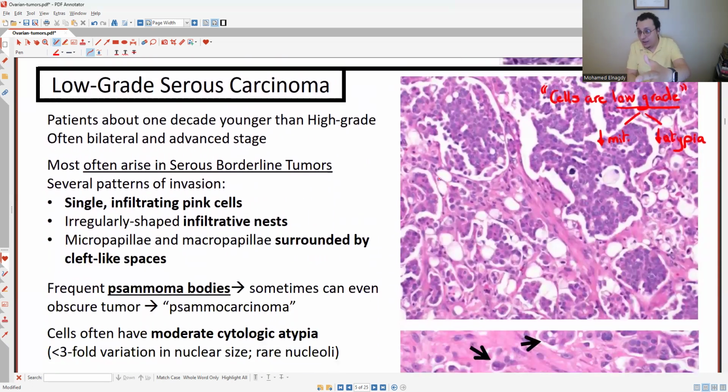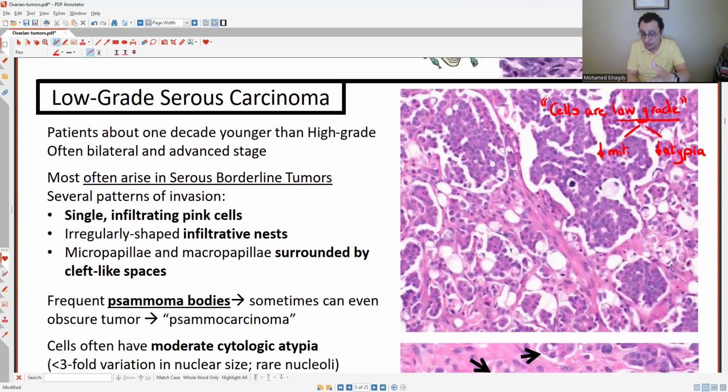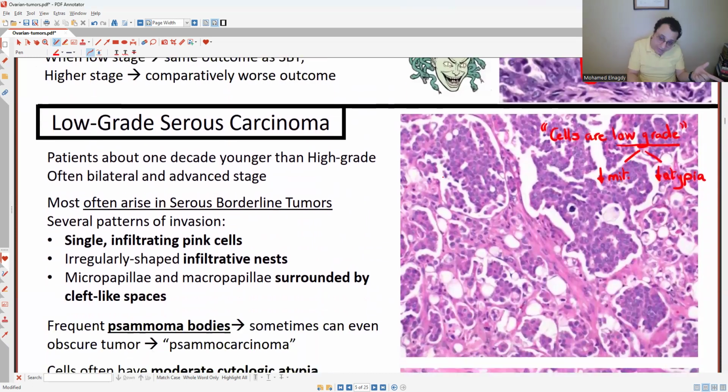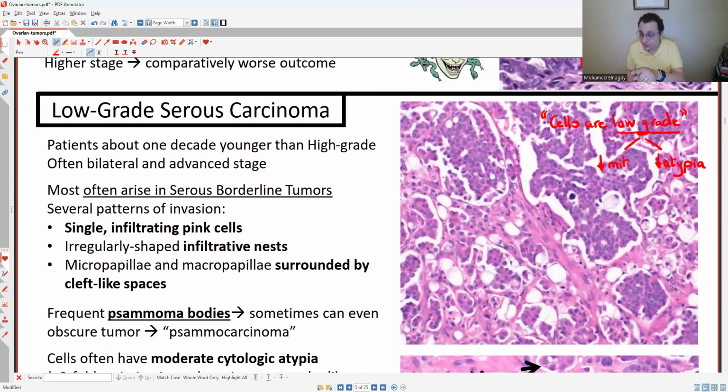Serous carcinoma. What do you have in serous carcinoma? Low-grade serous and high-grade serous. Low-grade serous, when you see low-grade cells, see? These cells are low-grade. No mitosis, no atypia; the atypia is not that much, and the mitosis is not very obvious or prominent.